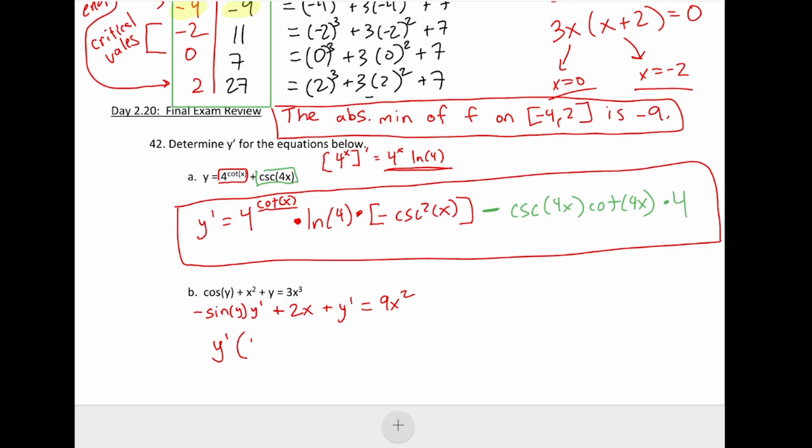So y prime times 1 minus sine y equals 9x squared, and then I'm going to bring that 2x over to the right-hand side because I really just want everything that doesn't have y prime on the other side. So my last step is going to be to divide both sides by 1 minus sine y. So y prime is 9x squared minus 2x over 1 minus sine y. And that is going to close us out.